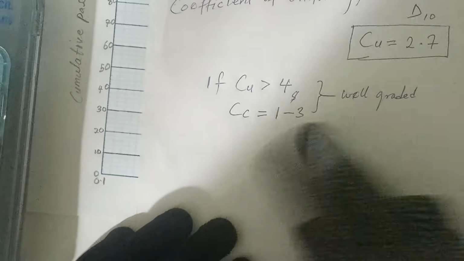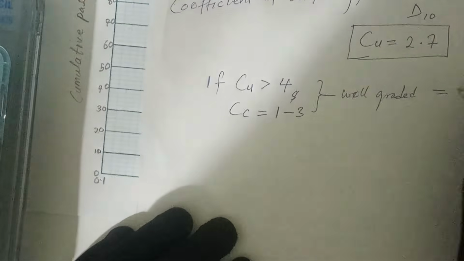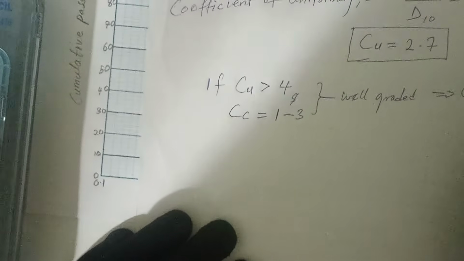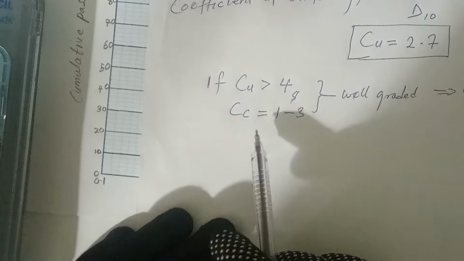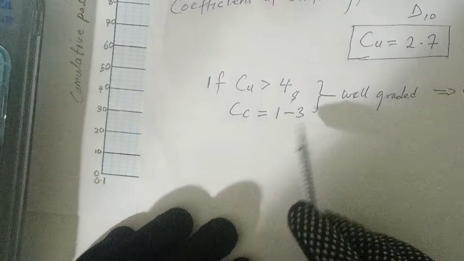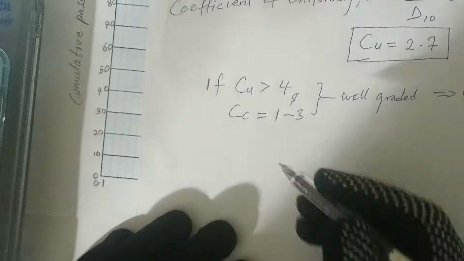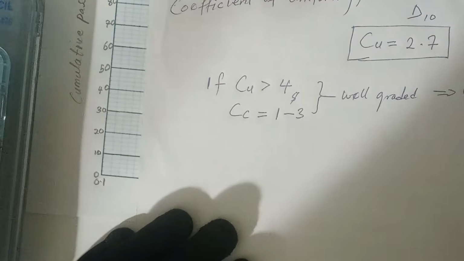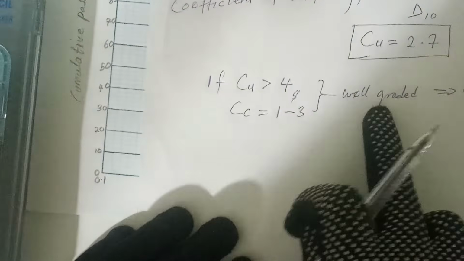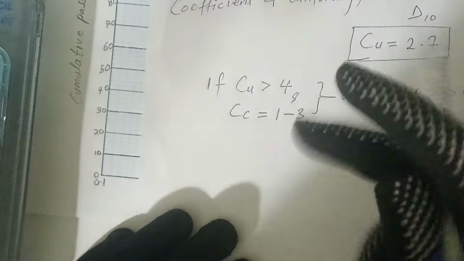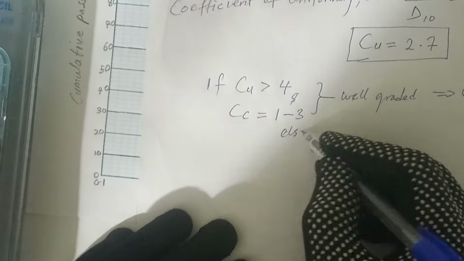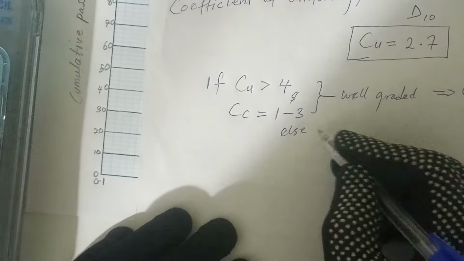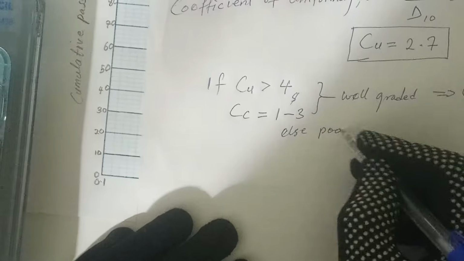In this case, it is gravel, so this is for gravel. If it meets this condition, that is when CU is greater than 4 and CC is between 1 and 3, then it is well graded soil. But if it doesn't fulfill this condition, then else it is poorly graded.